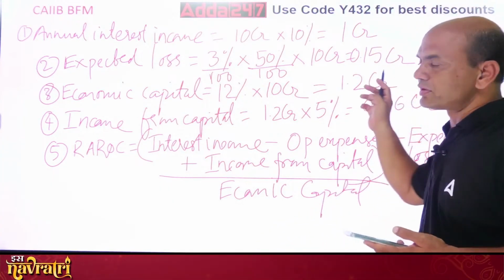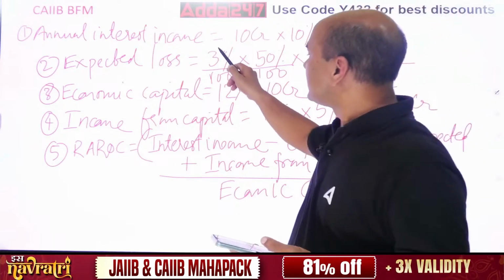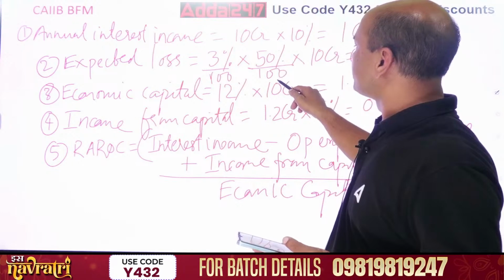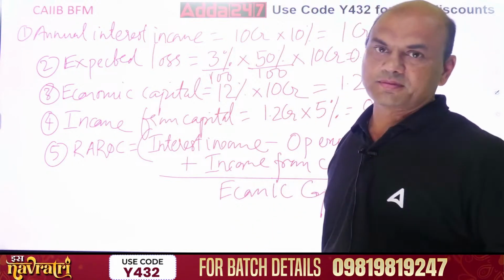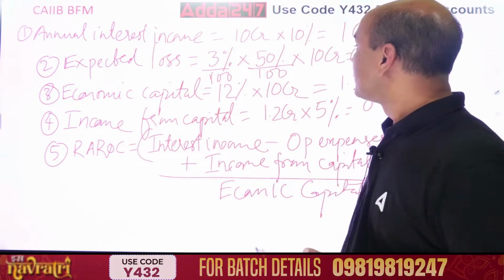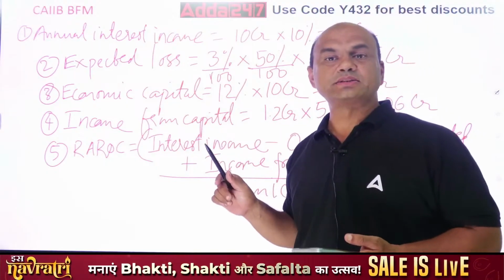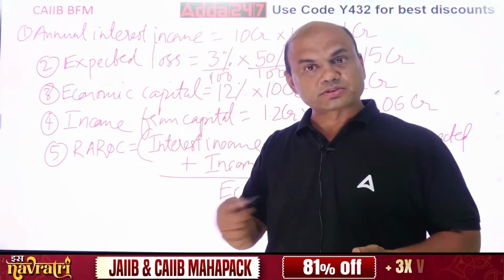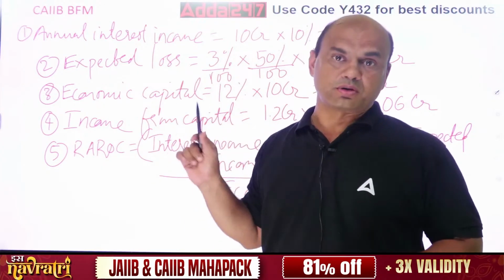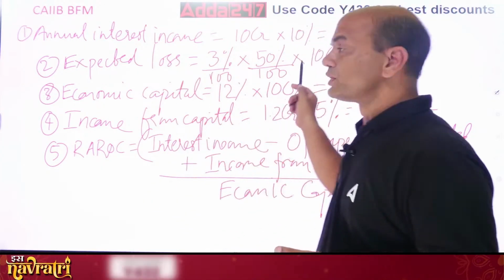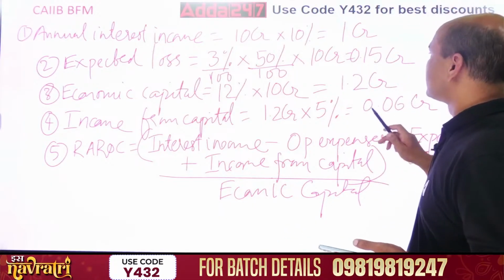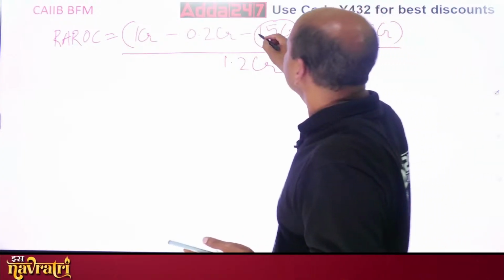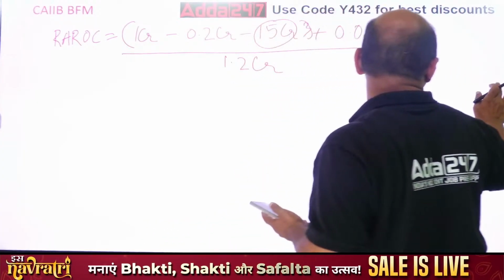Got it everyone? 3% into 50%: 3 upon 100 into 50 upon 100 into 10 CR. Again, never ever try these manual calculations in the exam. Even if you are the best problem solver, you will always go wrong. So do this for 0.15 CR. Got it? So now write this 0.15 CR.